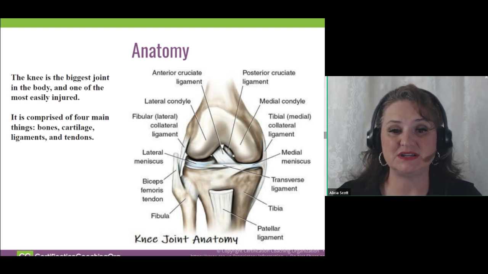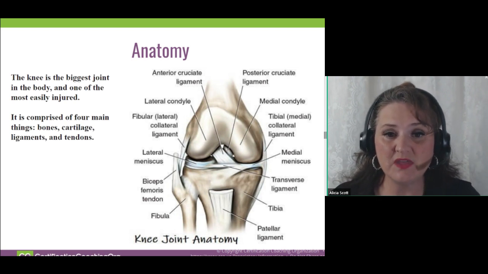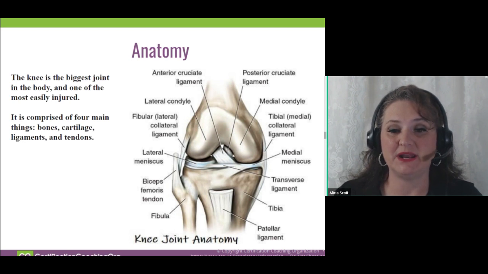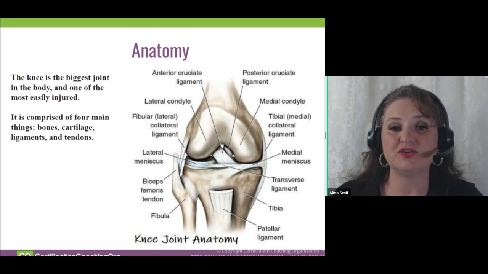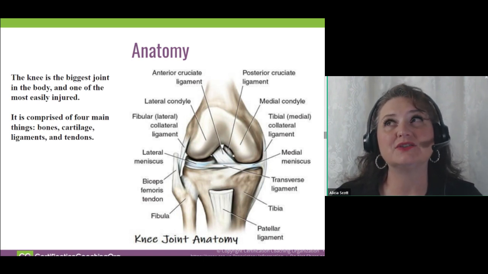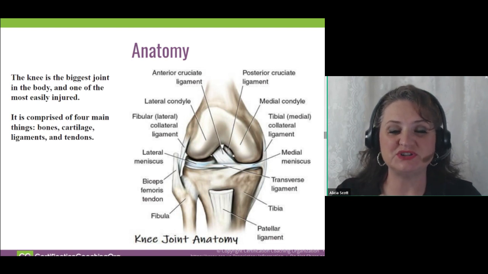Now let's look at those tendons and ligaments. The one that everybody talks about is the ACL, which is the anterior cruciate ligament, that main ligament right there in the middle. That's the larger ligament.